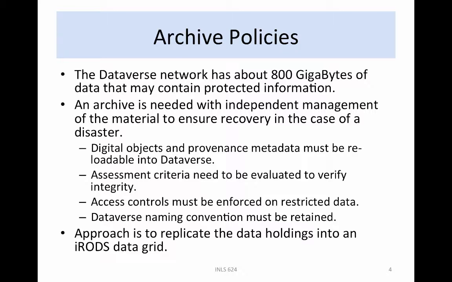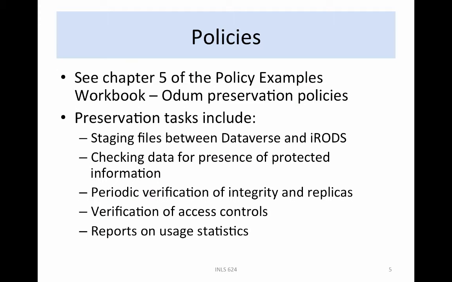Archive policies are needed to ensure that datasets can be reloaded into Dataverse, the integrity of datasets in the archive can be verified before reloading, access controls can be enforced on datasets in the archives, and Dataverse naming conventions for files are retained. Policies to implement these requirements have been developed and are published in Chapter 5 of the Policy Examples Workbook.